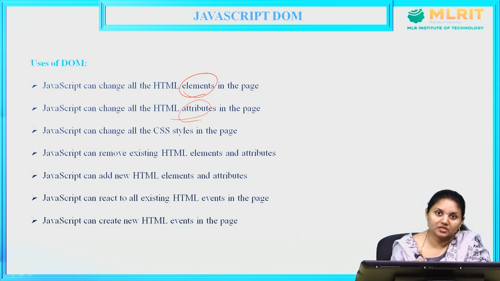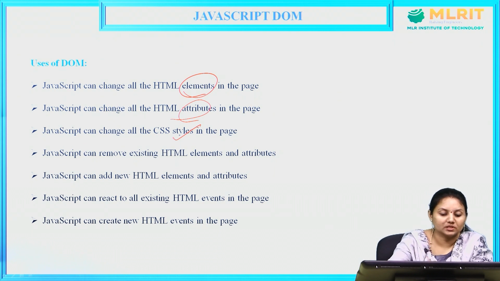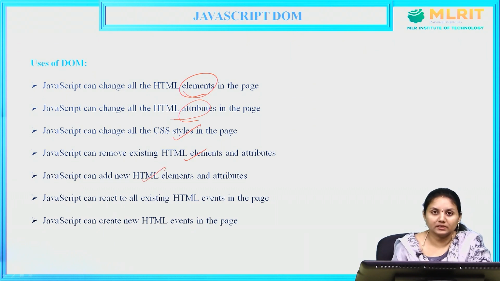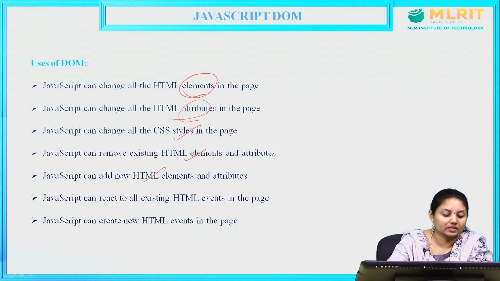Attributes means the properties that you give for your elements. It can also change CSS styling, the cascading style sheets. JavaScript can remove existing HTML elements and attributes, and can add HTML elements. That means you can add the content, remove the content, or update the content also.